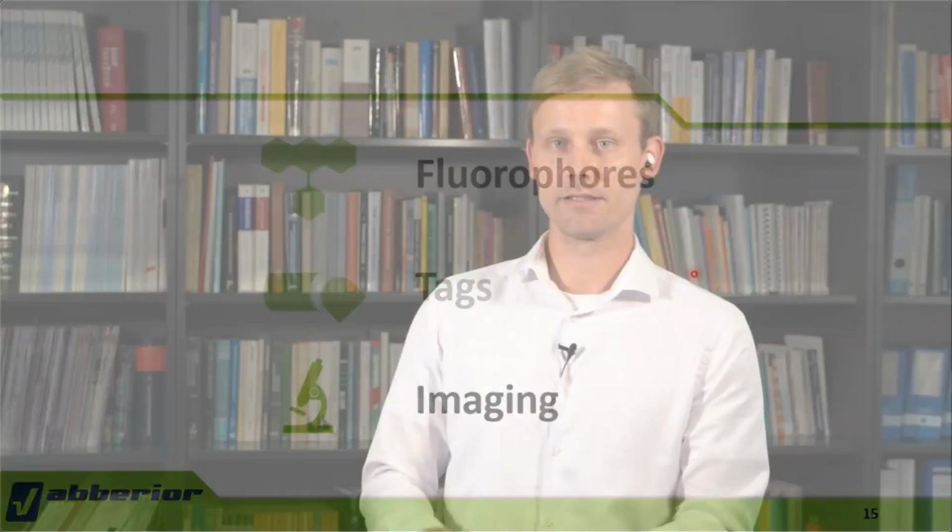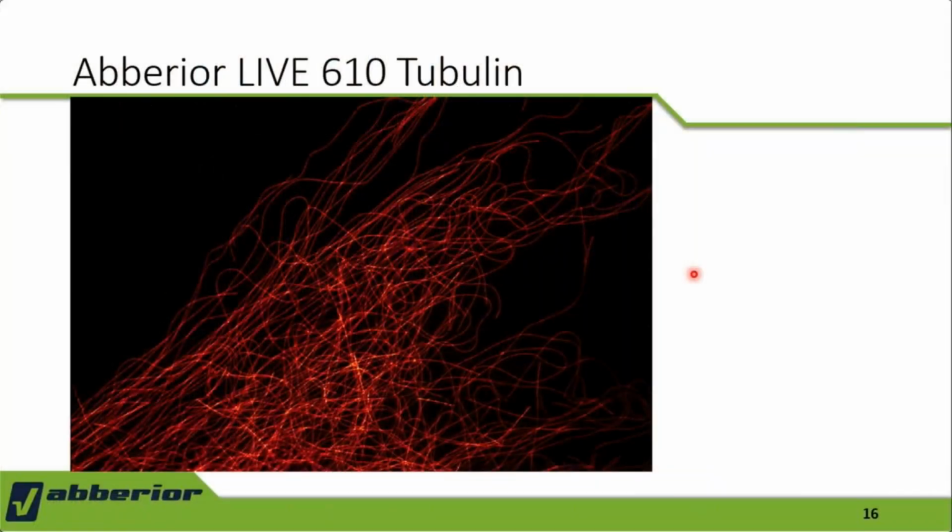So now, after having the fluorophores and knowing the tags and combining everything to nice fluorescent probes, I will show you some examples, some images, and also give you some tricks and tips on how to image living cells with the STED microscopy technique. So here is a mammalian cell stained with live 610 tubulin.